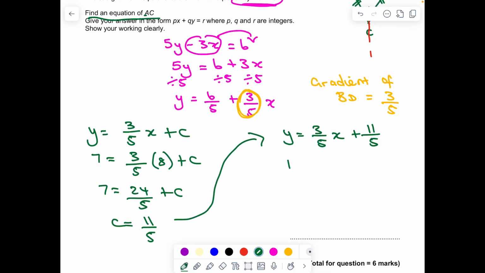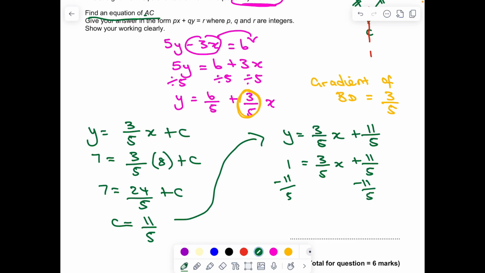So y equals 1 equals 3/5 x plus 11/5. So I'm going to subtract 11/5 on both sides. So, sorry, 11/5. I don't know why I wrote 15. So 11/5 on both sides.